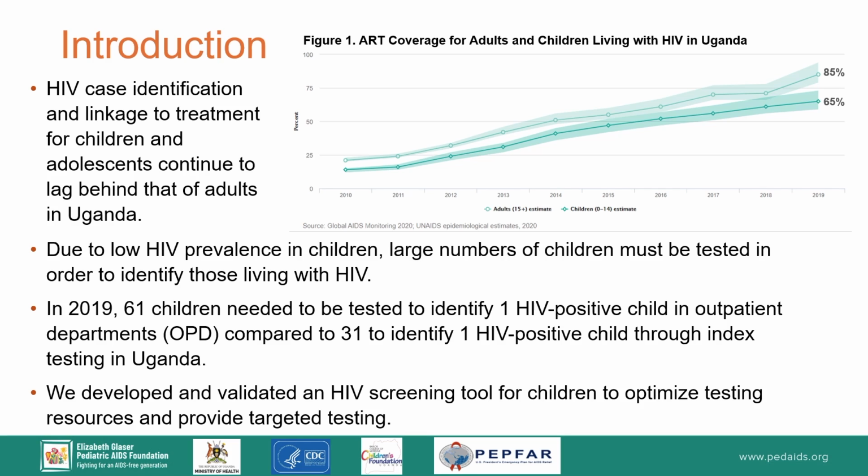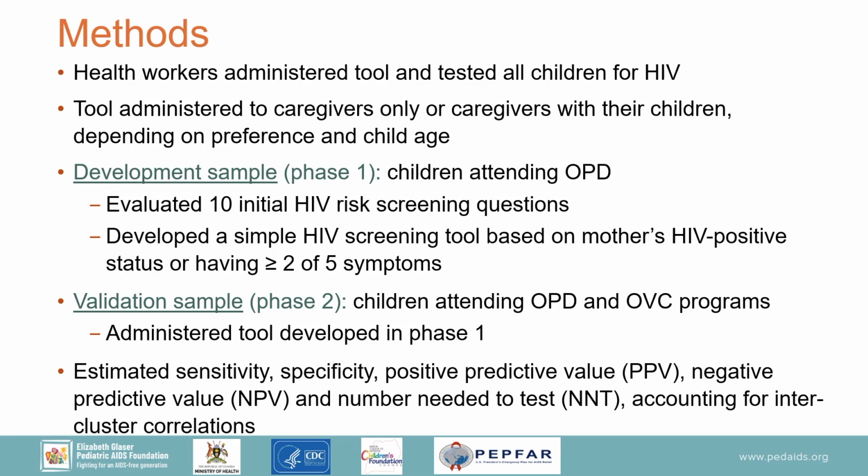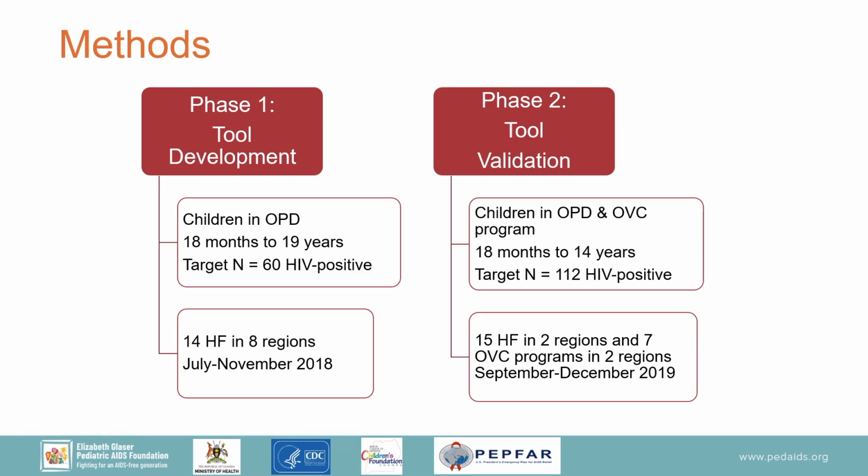After reviewing the literature on HIV in children and screening tools, we developed and validated an HIV screening tool for children to optimize HIV testing resources and provide targeted testing. Our study was performed in 2 phases. In phase 1, we targeted to enroll at least 60 HIV-positive children.